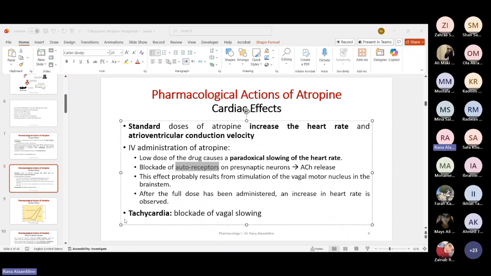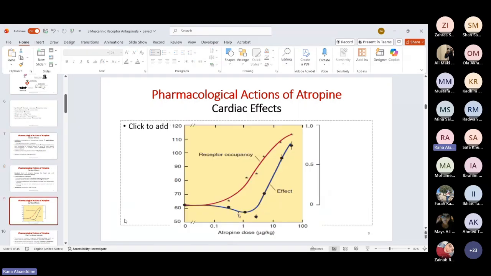It's going to keep moving on and on and on. So this is exactly what happens. Acetylcholine will be released, and when it is released, we get that small effect. But later on, all the muscarinic receptors are going to be blocked, and we're going to have an increase in the heart rate. Is it clear, you guys?